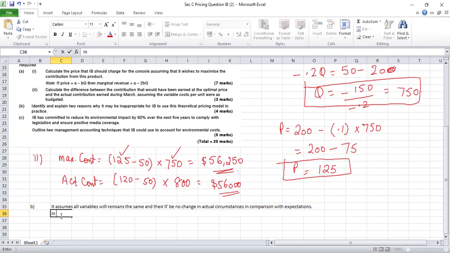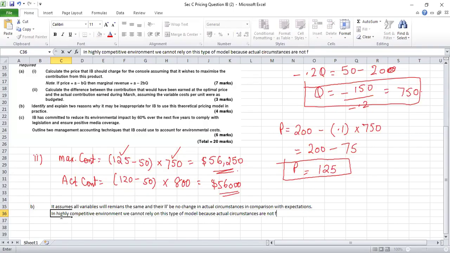So in a highly or hyper competitive environment, we cannot rely on this type of model because actual circumstances are not foreseeable.